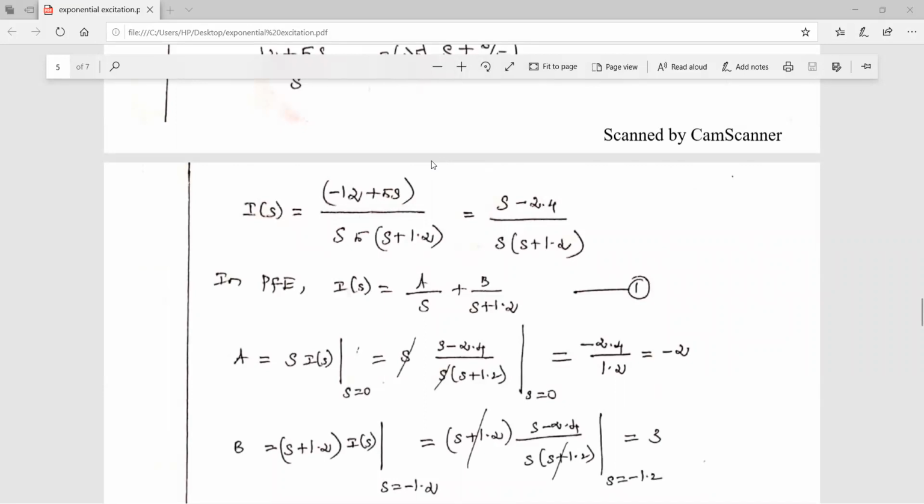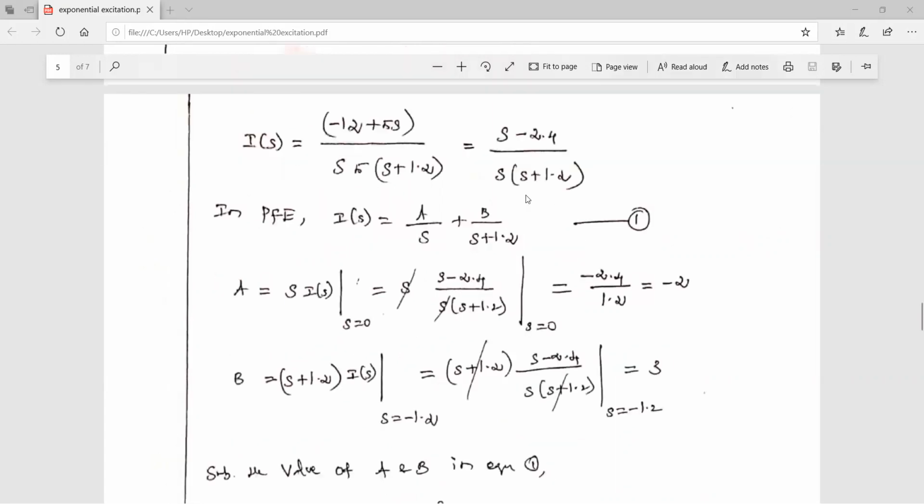You see the I of s term: minus 12 plus 5s divided by s into, taking 5 as common, and this 5 you give to the numerator. So minus 12 by 5 is minus 2.4. 5s by 5, the 5 cancels, so this is the term. So we will get I of s like this.